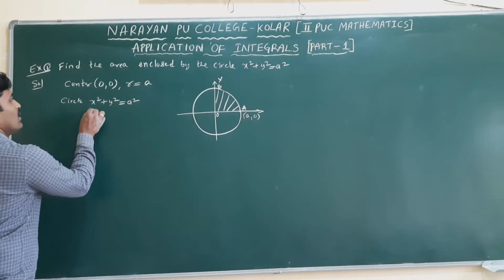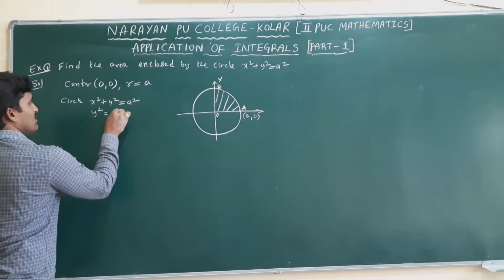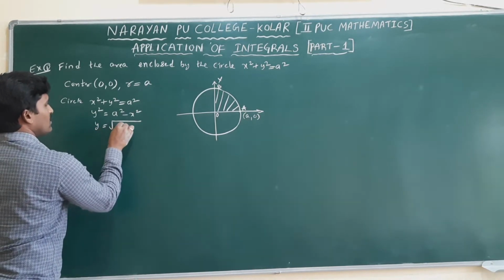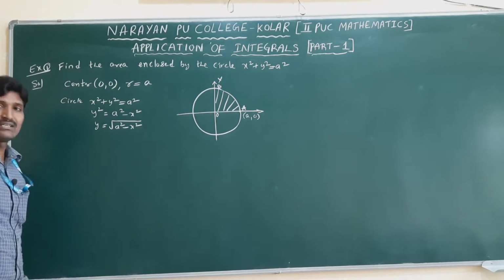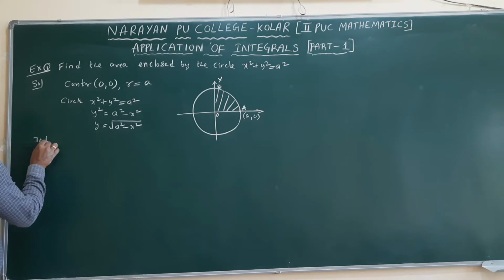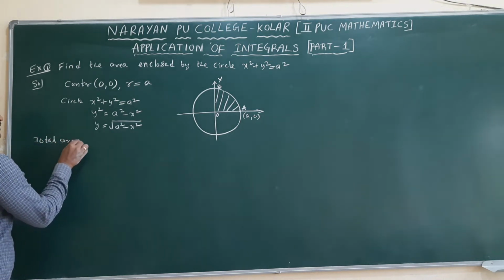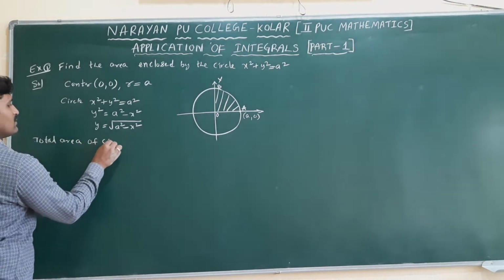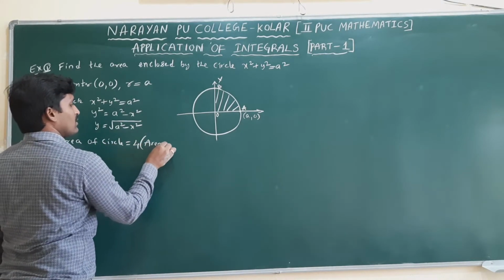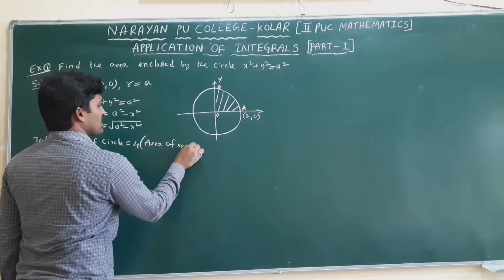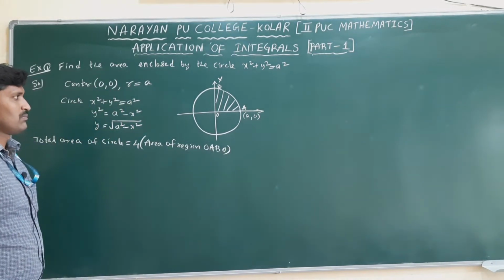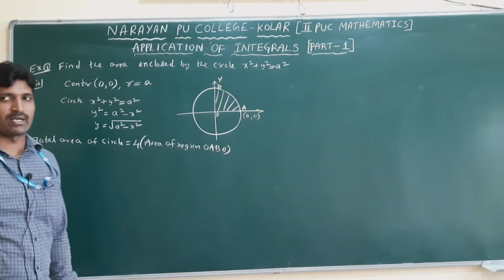Okay. Now find out y in terms of x. A square minus x square. Y equal to what will we get? Root of a square minus x square, the value. Now here, total area of circle equal to 4 times area of region OABO, because each part is equal to first part.